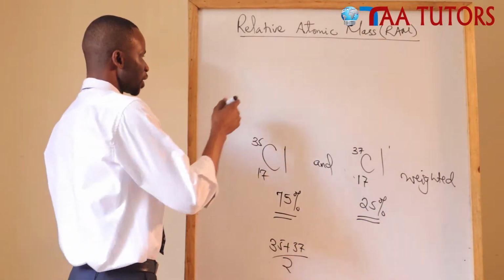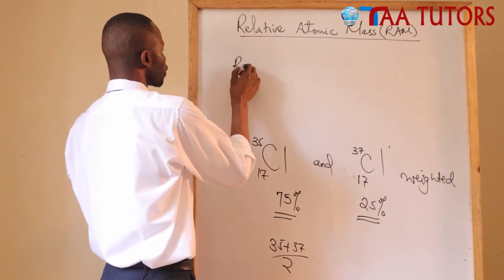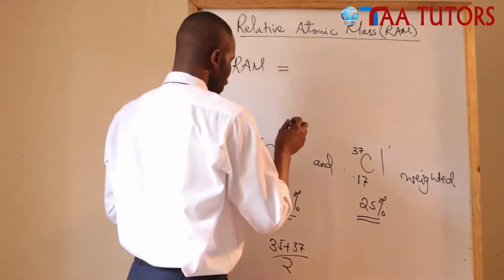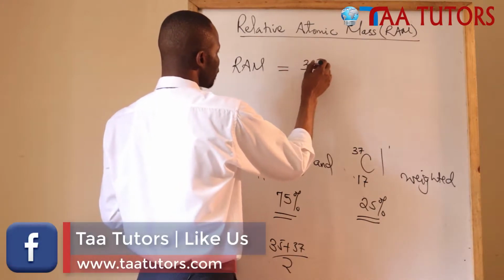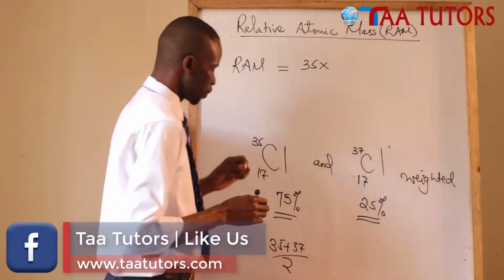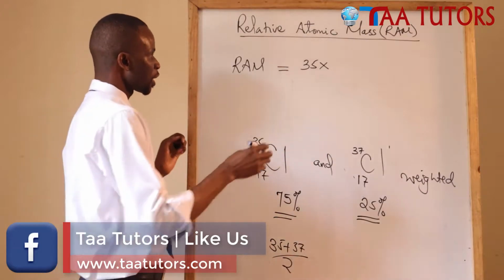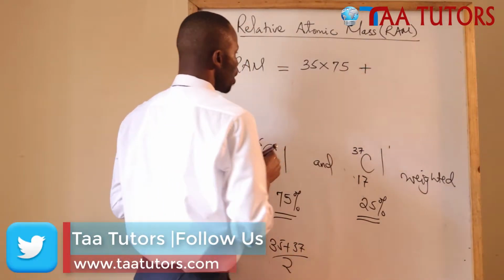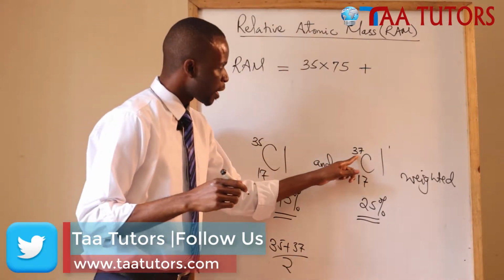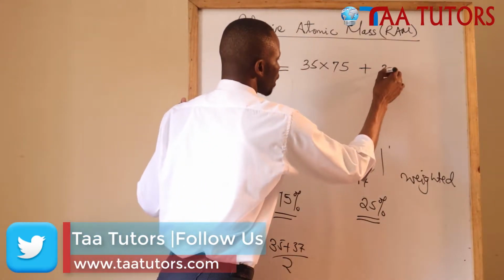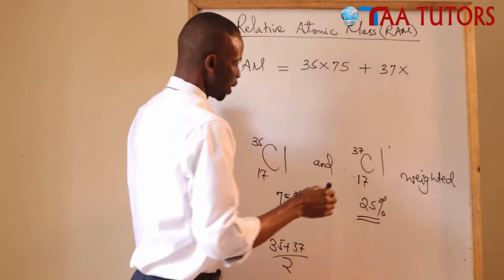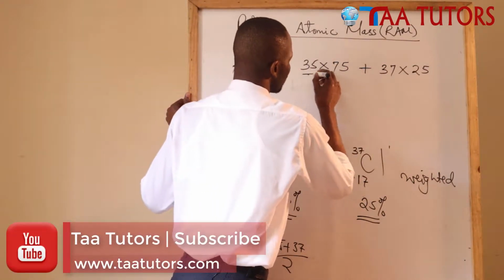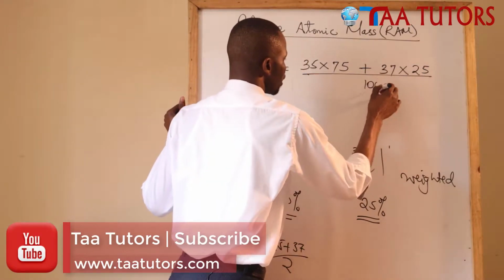If I want the relative atomic mass of chlorine, I'll say it is 35 times its relative abundance, which is 75, plus chlorine 37, the mass number 37, times its relative abundance, which is 25. Everything here we divide by 100.